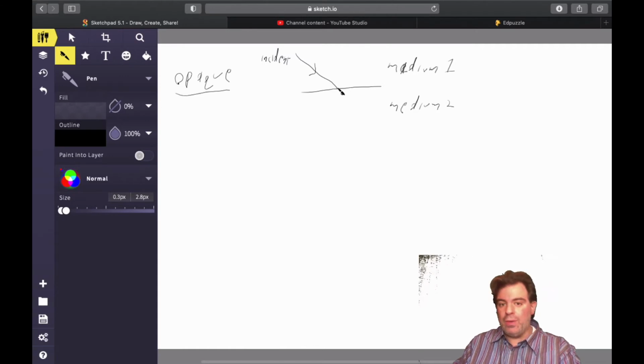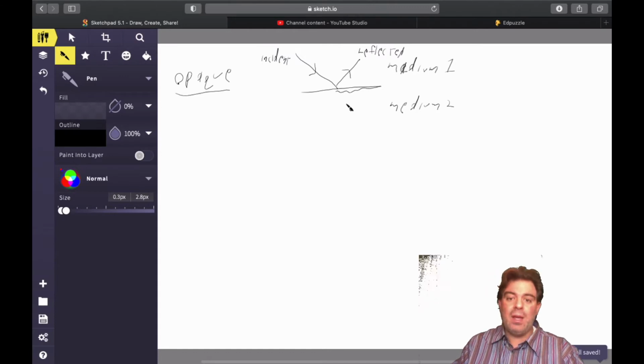Some of the light rays are going to be reflected, so they're going to bounce back and stay within the same medium, and some other ones are simply going to be absorbed. They're going to be absorbed by the particles that make up this substance, because the vibrational frequencies of the light will match the vibrational frequencies of the particles, and they're going to absorb them. That is the property of resonance.